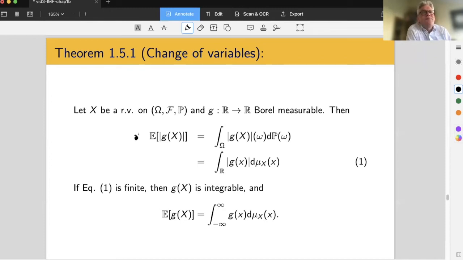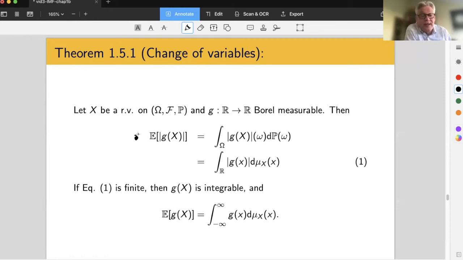So formally speaking, we should first check whether it's integrable. So first we look at absolute values. If equation 1 is finite, then g(X) is integrable.